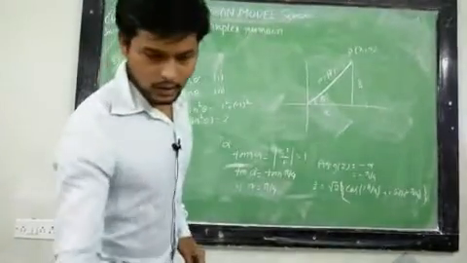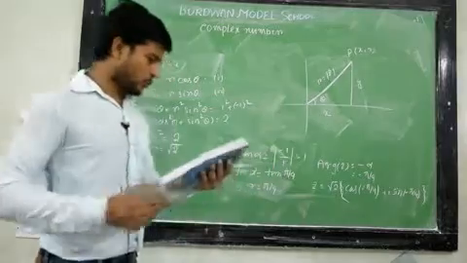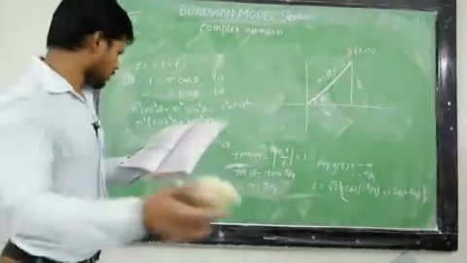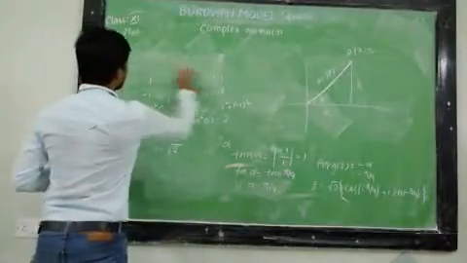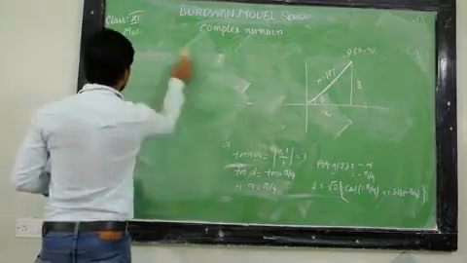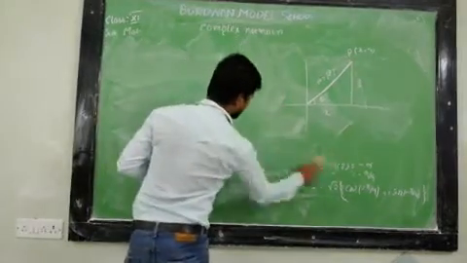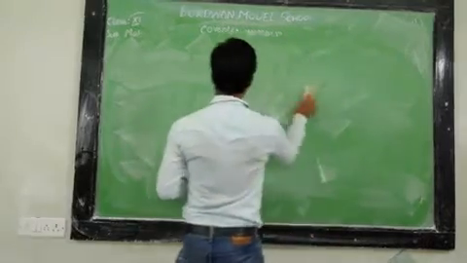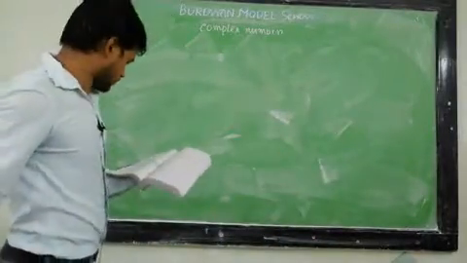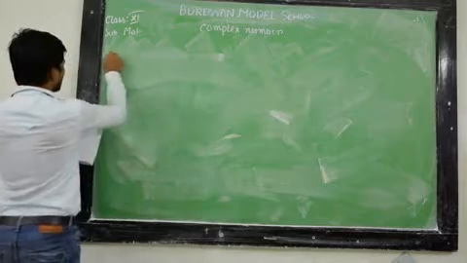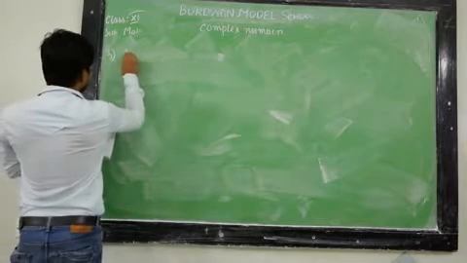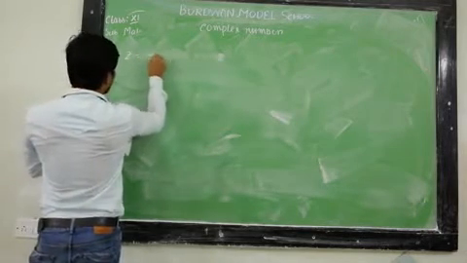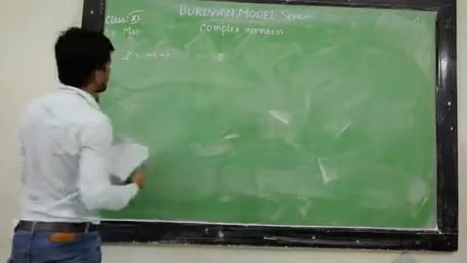Okay, let's solve one more problem. Suppose question number 5. Question number 5 is z equal to minus 1 minus i.